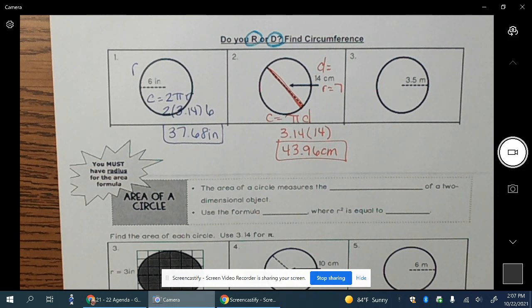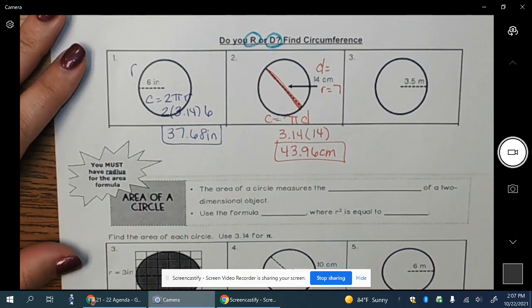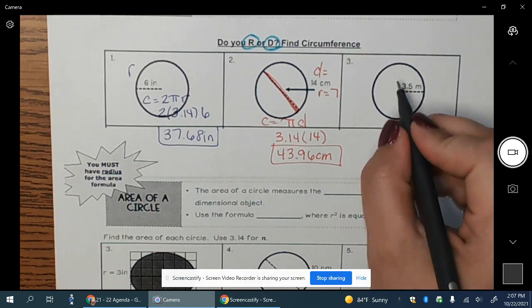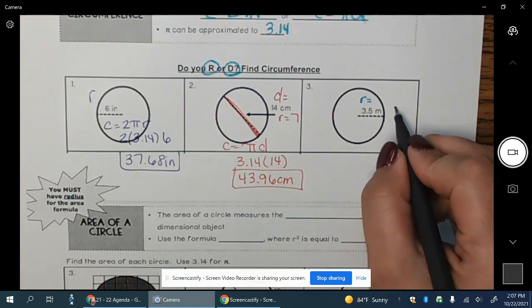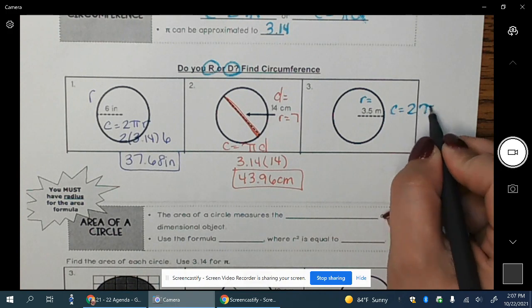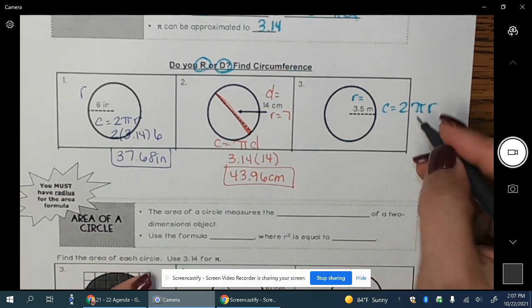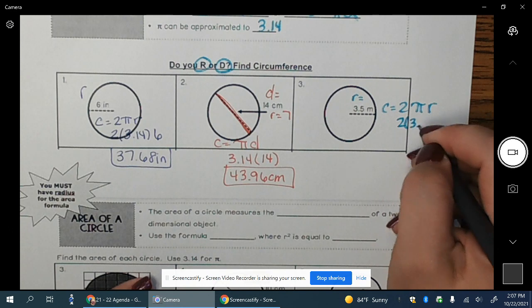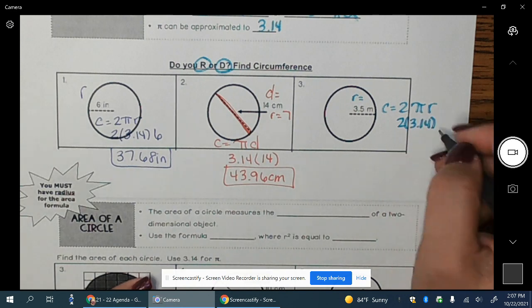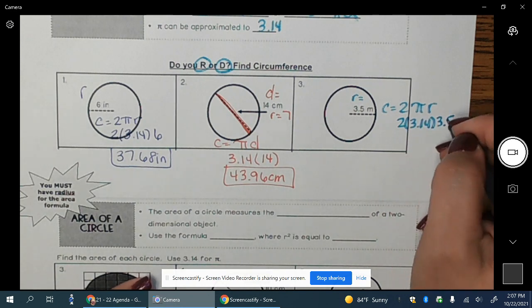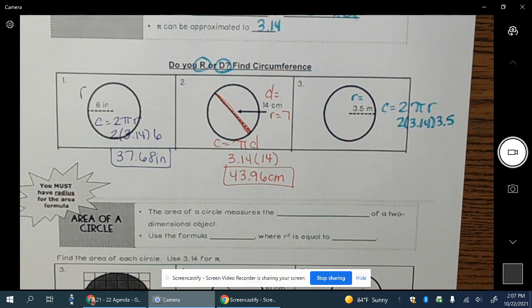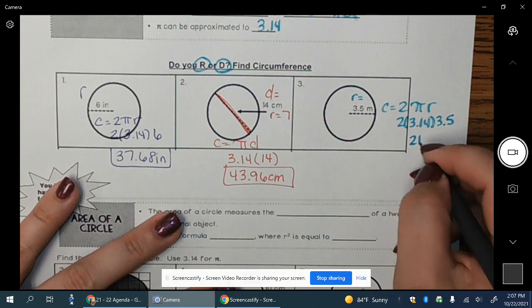Okay. All right, number 3. Do they have radius or diameter? Radius. So my formula is 2 pi r. 2 times 3.14 times the radius, which is 3.5. 21.9 what?